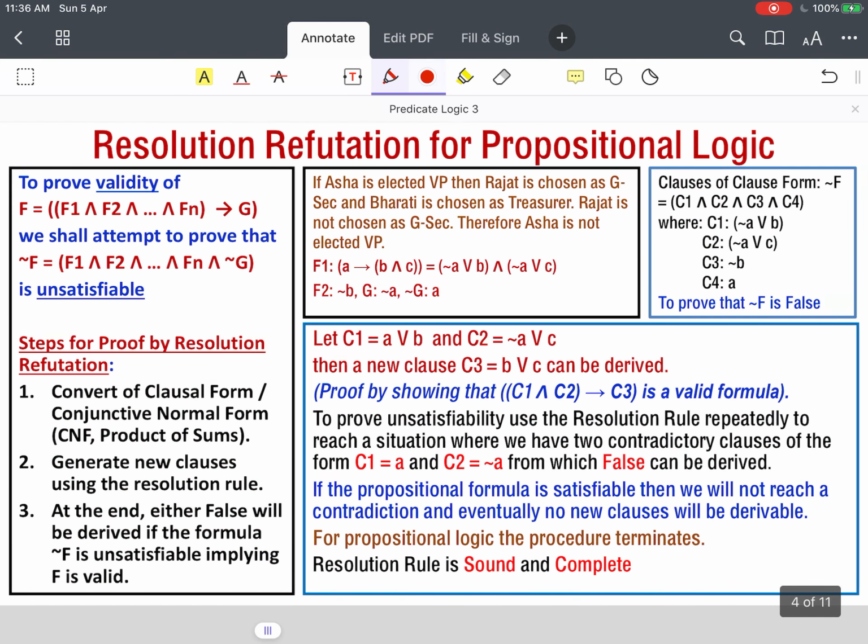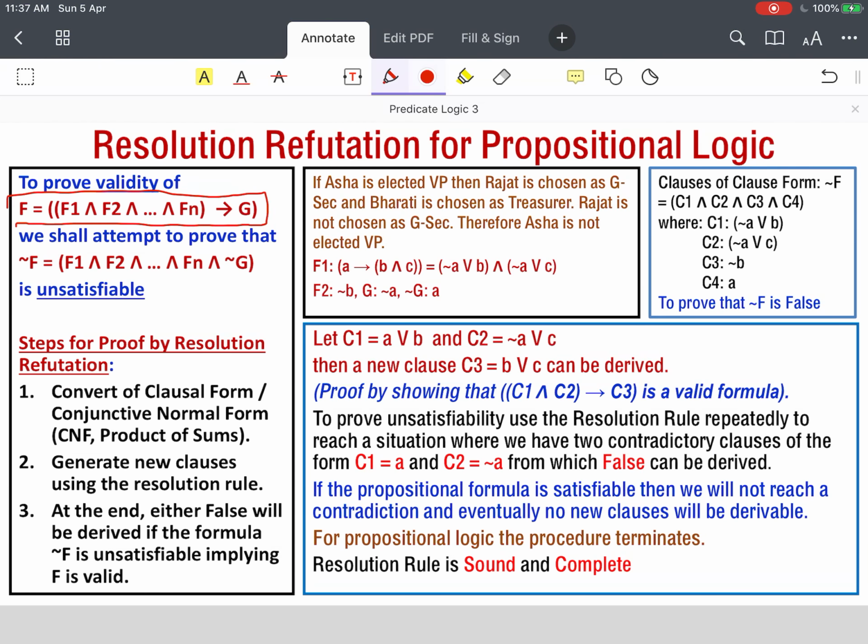One of the most famous algorithms for that is the resolution refutation method. So we will now discuss the resolution refutation method. Before going into predicate logic, we will first show the resolution refutation in propositional logic and then extend it to predicate logic.